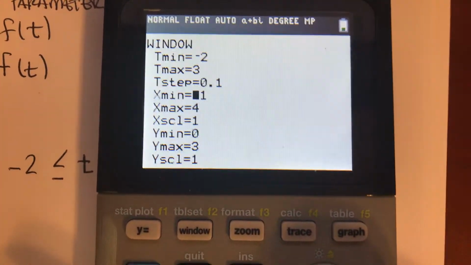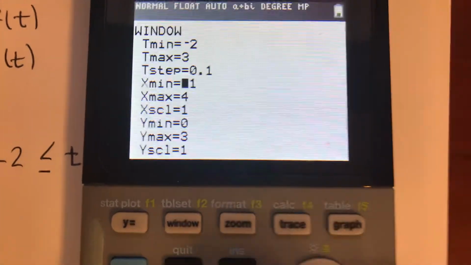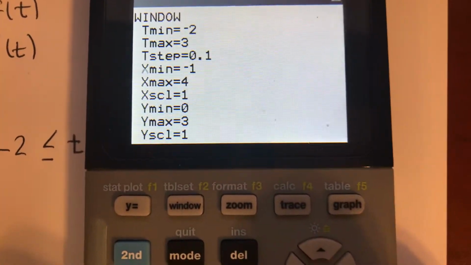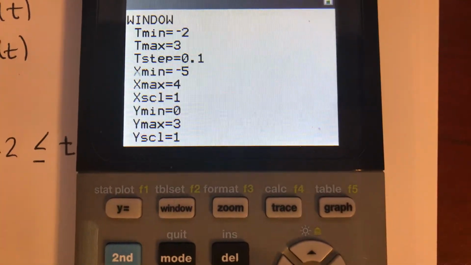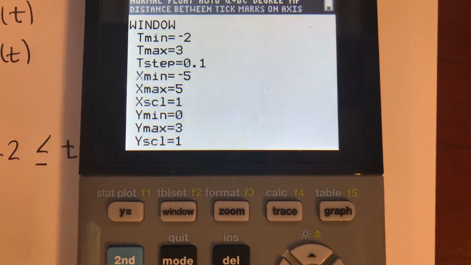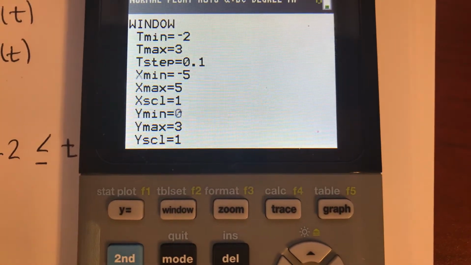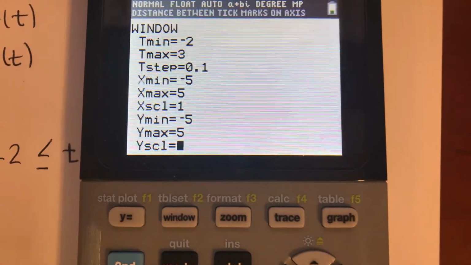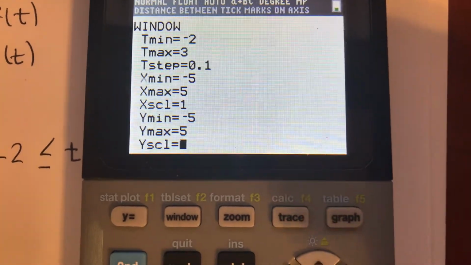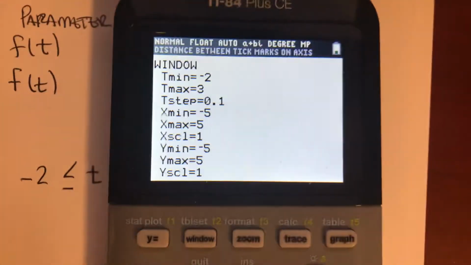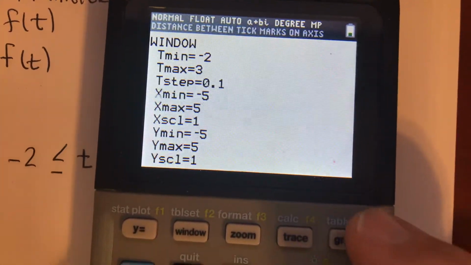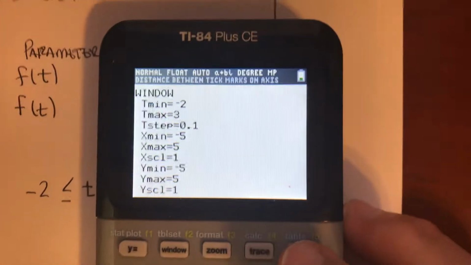My x min, I'm going to make it about, I don't know, let's make it -5 to 5, and then x scale is 1, y min is -5 to 5. Now you can change x max, x min, y max, y min to make sure you can just fit the graph on your screen. Then you press graph.